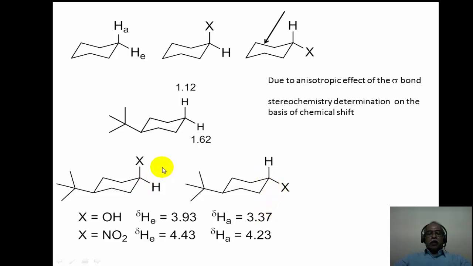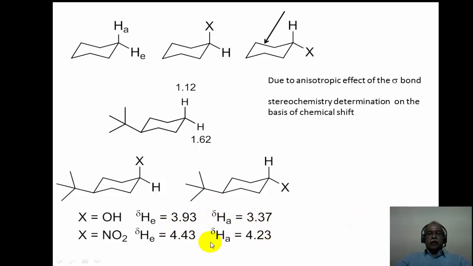Whenever one encounters this kind of molecule, the one showing a higher delta value for this particular hydrogen would correspond to the axial X, or the equatorial hydrogen isomer. The other isomer, with the lower delta value, will have the hydrogen in the axial position, or the substituent in the equatorial position.